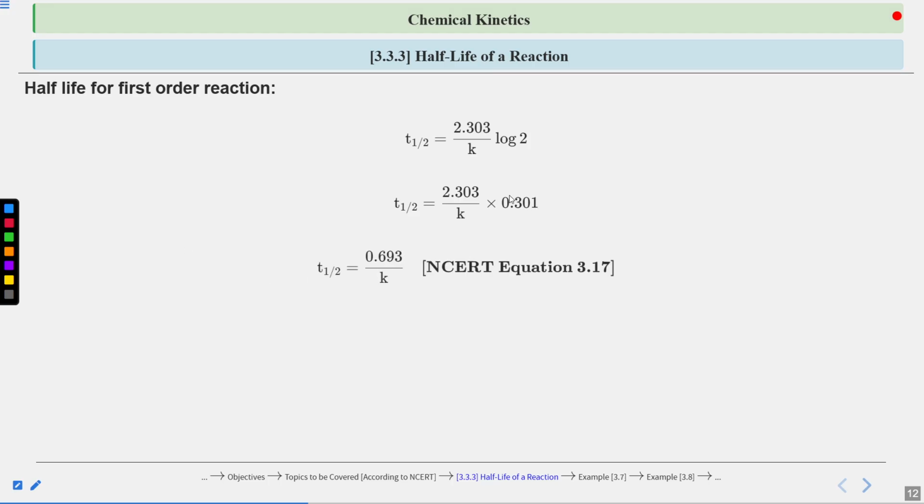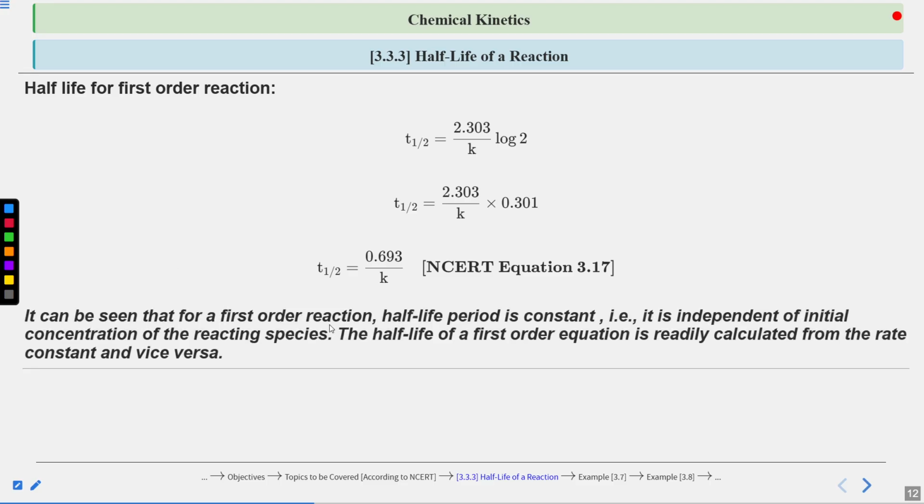Now when you multiply the value of log 2 with 2.303, it comes out as 0.693 divided by K, the rate constant. So T half for the first order reaction is 0.693 divided by K, and this is the NCERT equation marked as 3.17.